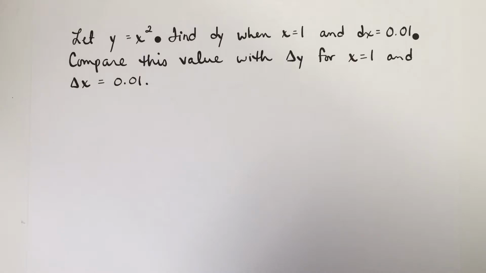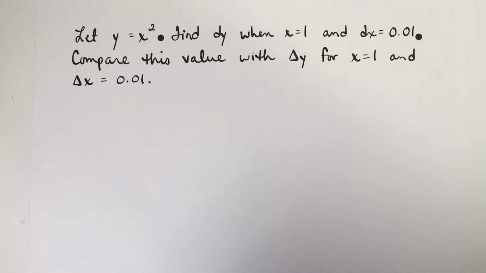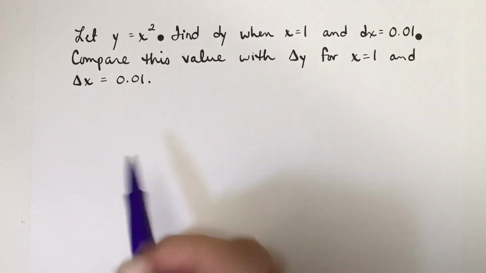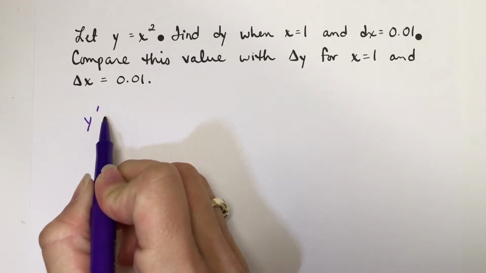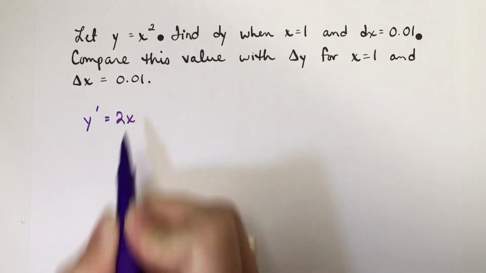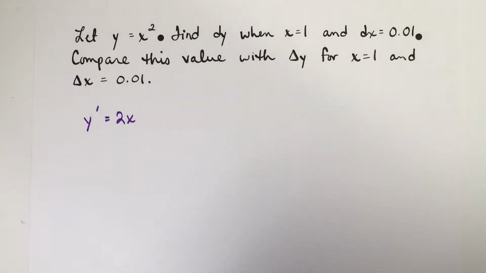Okay, here's what you're going to do in a situation like this. And I'm going to show you a picture in just a minute of what actually all of this is. All right, you are going to need the derivative of your function. So let's go ahead and we'll say y prime is going to be equal to 2x, okay?